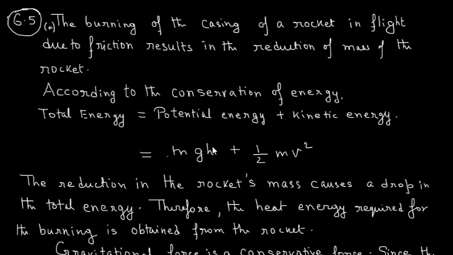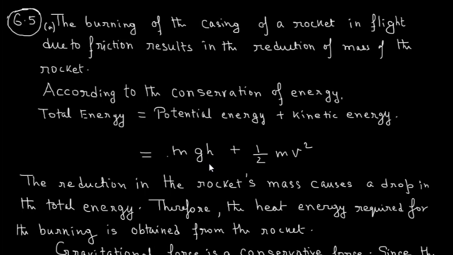So the solution is, the burning of the casing of the rocket in flight results in the reduction of mass of the rocket. According to the conservation of energy, total energy is equal to potential energy plus kinetic energy.